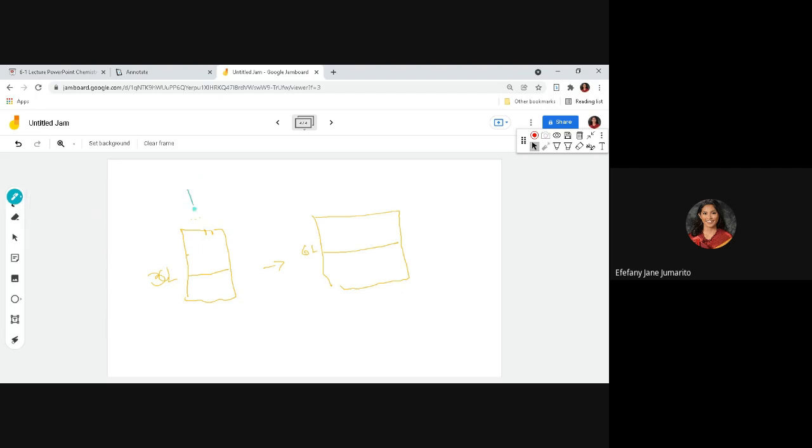If we have a piston here, it pushes. Because it has expanded, the system, or the gases inside, will do the work for the piston to move upward. That's why it has expanded to 6 liters.